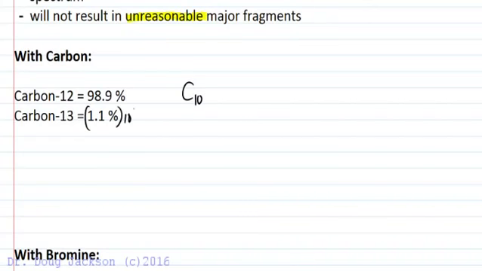So the odds of seeing one carbon-13 out of 10 carbons is going to be 11%. And so out of 100%, we might see an M+1 peak. Here's our molecular ion here.